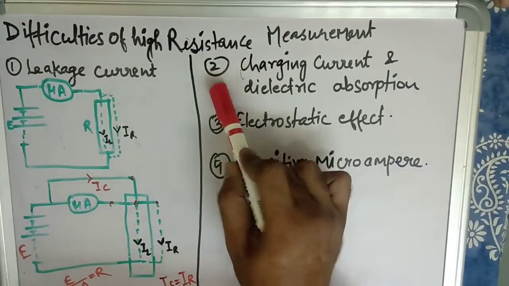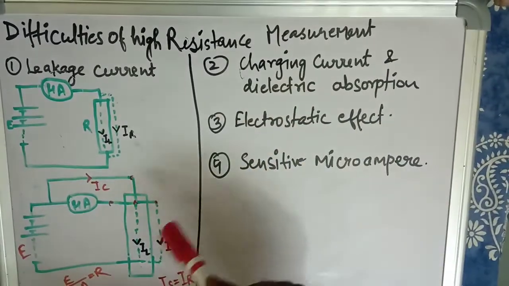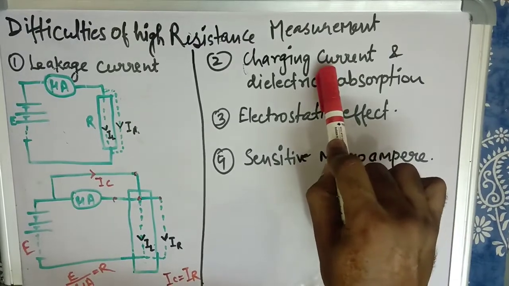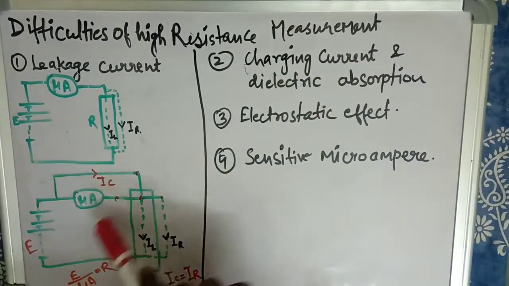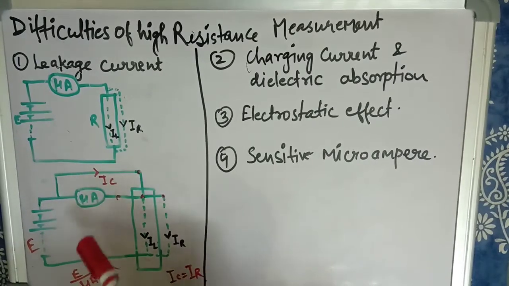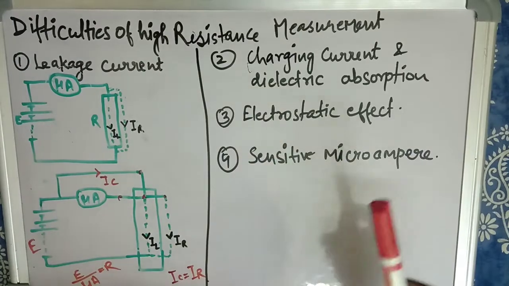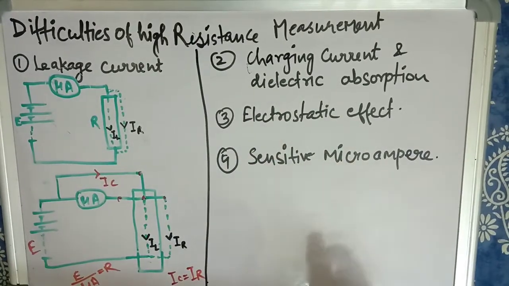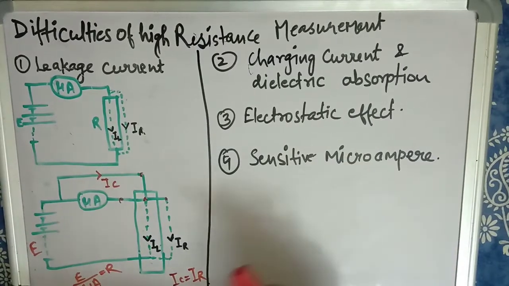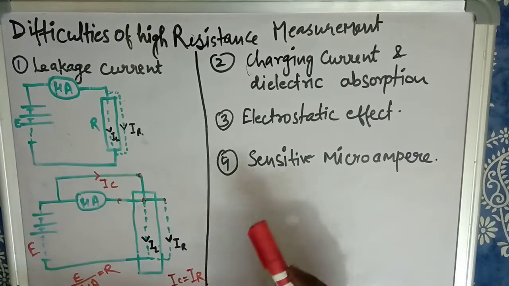Another problem that comes is charging current and dielectric absorption. Since the resistance is very high, it acts as a capacitor and takes some charging current. So the value of microampere isn't instantaneous. We have to wait for some time, like 10 to 15 seconds, so that the capacitor gets charged and the value of the microammeter becomes constant.